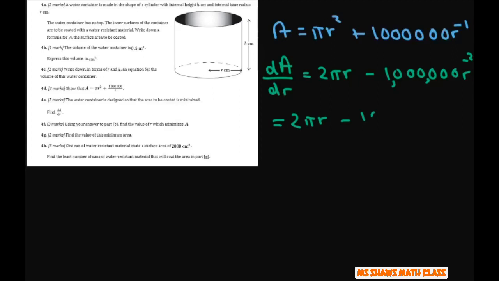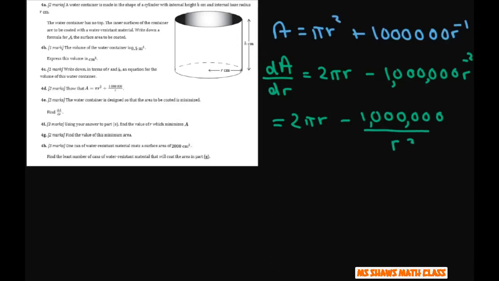Now we're going to take the derivative of A with respect to r. That's going to be 2 pi r minus 1 million, and then you subtract 1, so this is r to the -2. So this is going to equal 2 pi r minus 1 million divided by r squared.